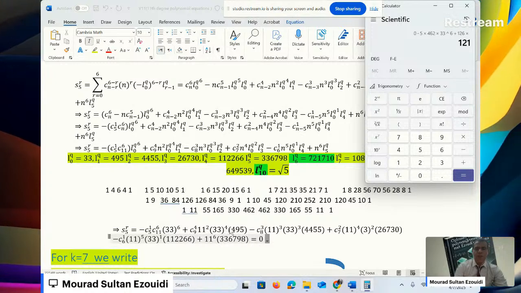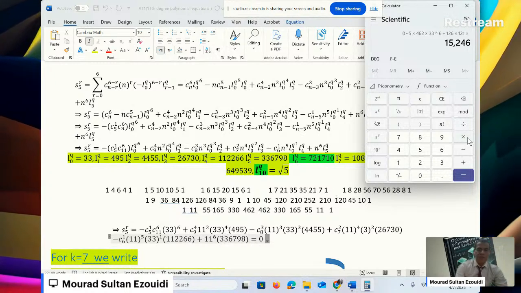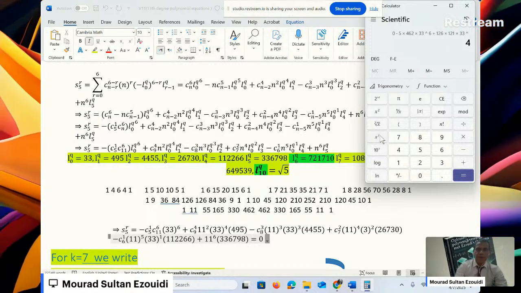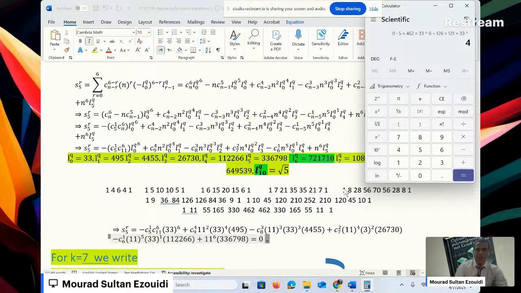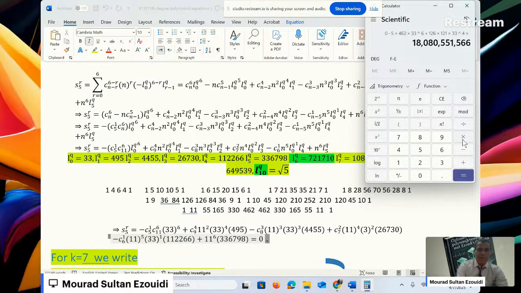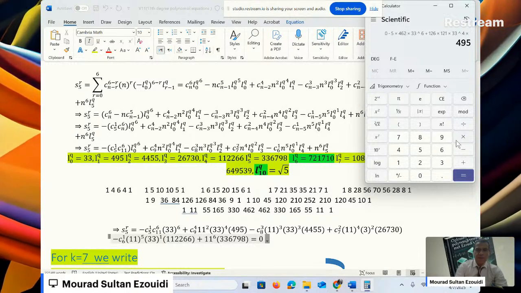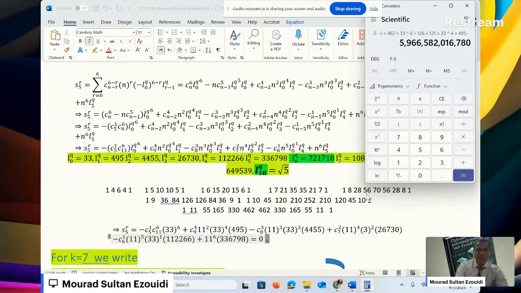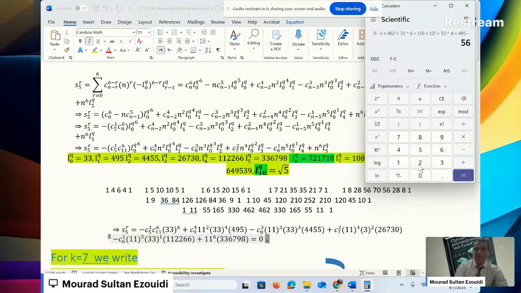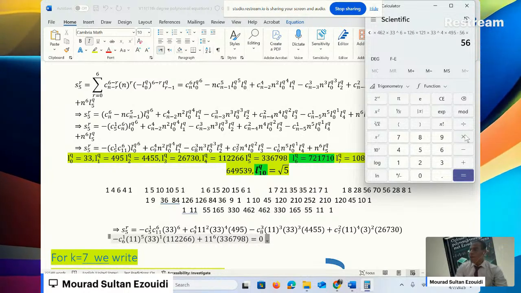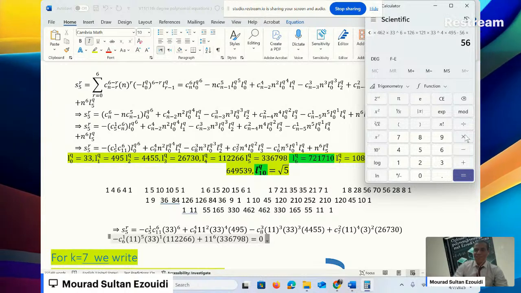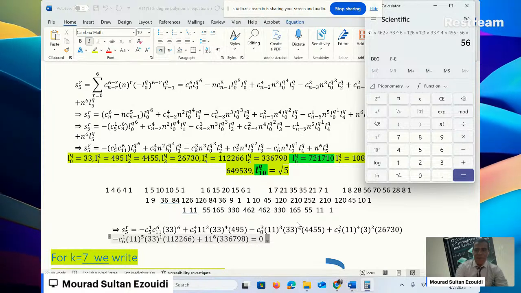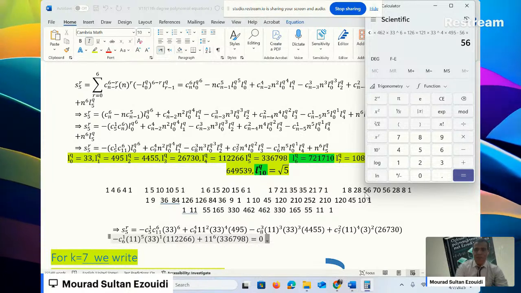Multiply by 33 raised to the power 4, multiply by 495. Minus 56, simply because 8 to 3, while I'm working.